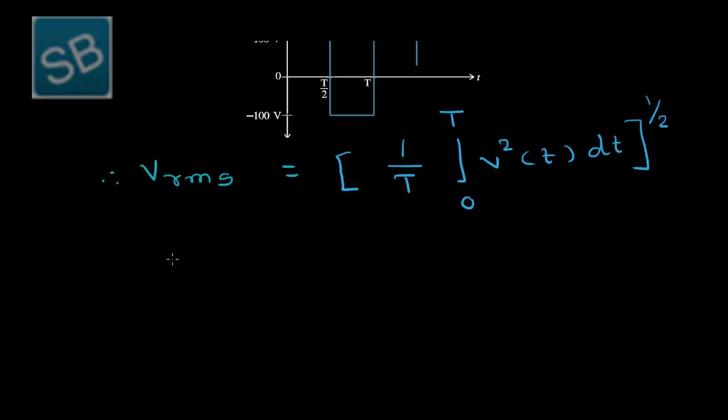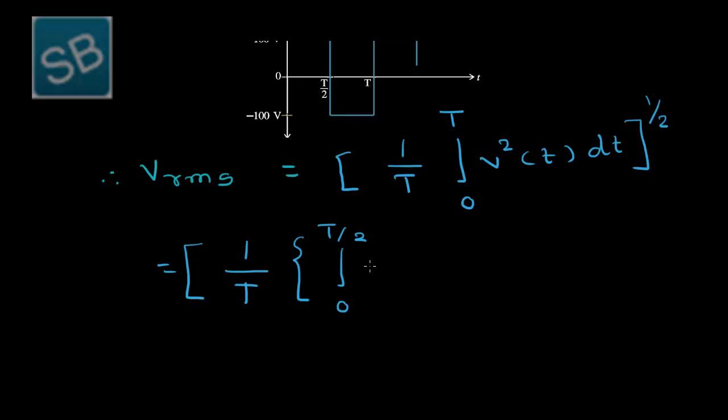That is equal to, inside the bracket, 1 over T, here comes integration 0 to T by 2, V square t dt, and here what is the value from 0 to T by 2?